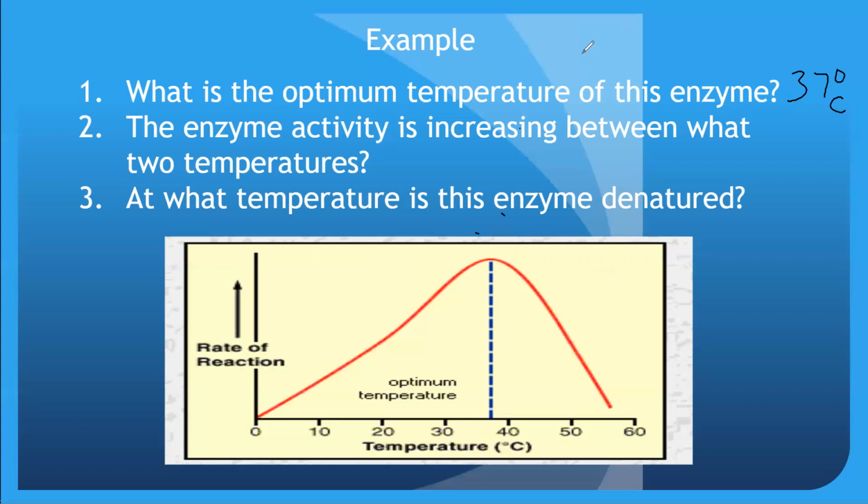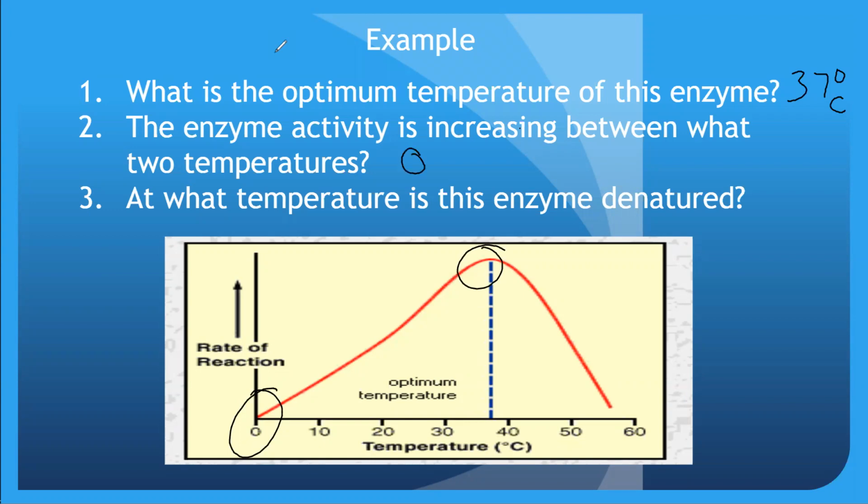Okay. The enzyme activity is increasing between what two temperatures? So between what two temperatures is enzyme activity increasing? So it's getting higher and higher. Good. From zero to 37.